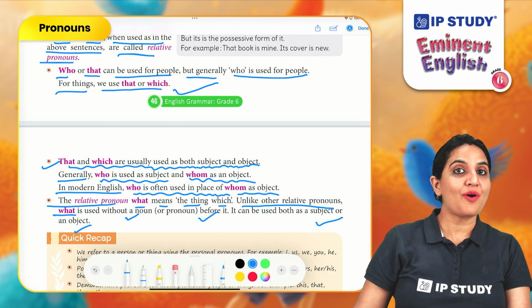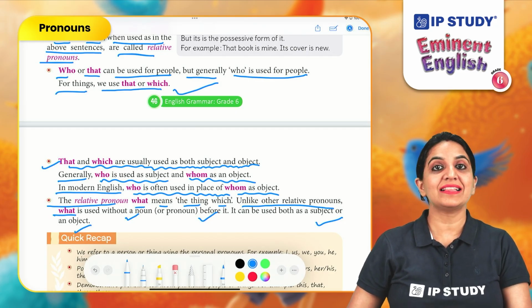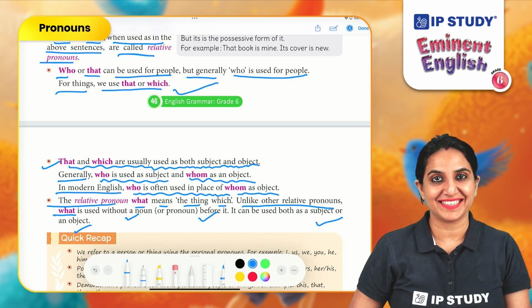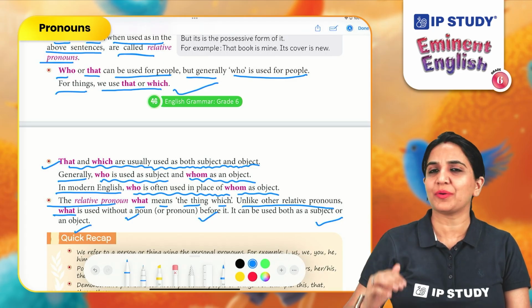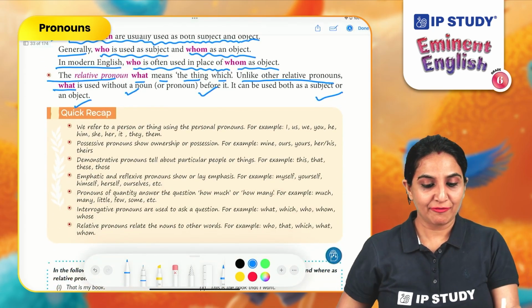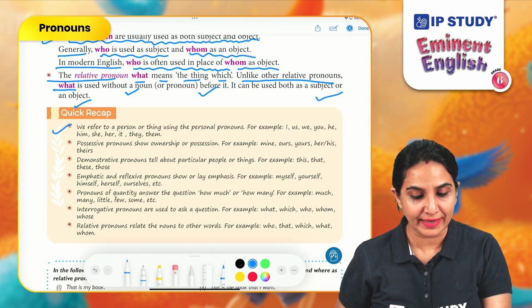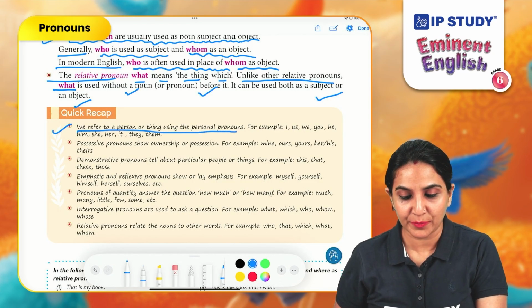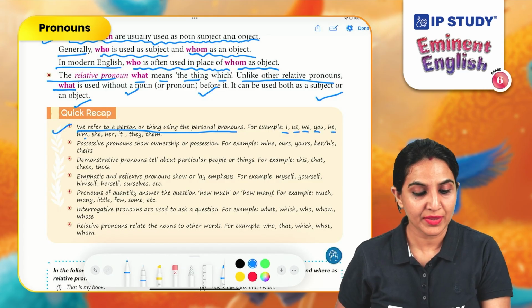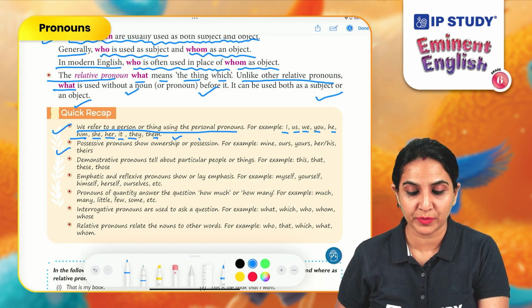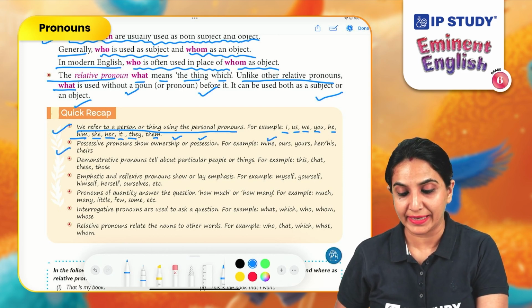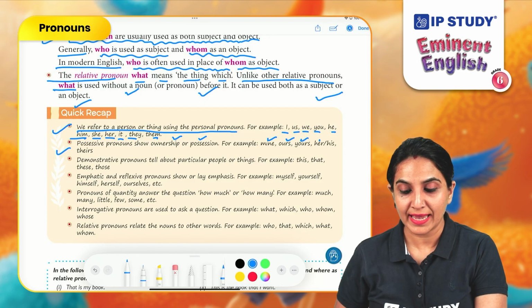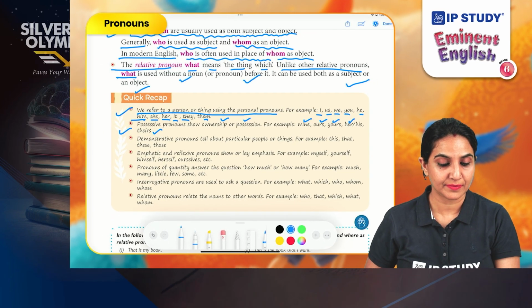Well, this was all about pronouns and the types of pronouns that we have studied in detail. Before you leave, let us do a quick recap. We refer to a person or thing using the personal pronouns, for example, I, us, we, you, he, him, she, her, it, they, them. Possessive pronouns show ownership or possession, for example, mine, ours, yours, hers, his, and theirs.